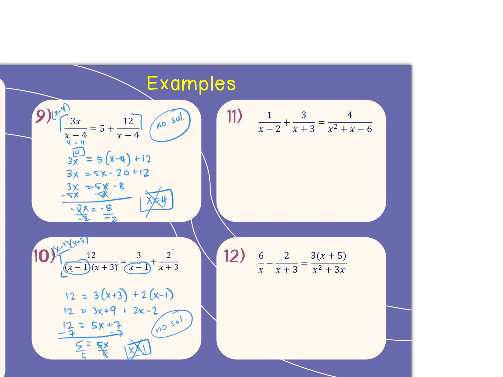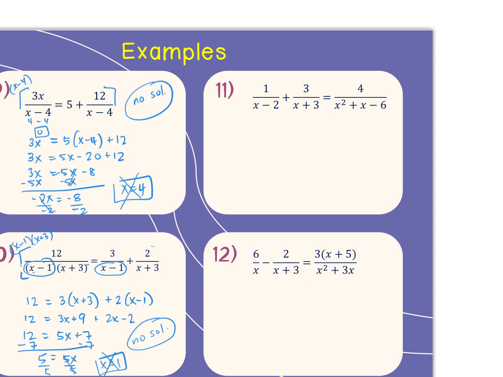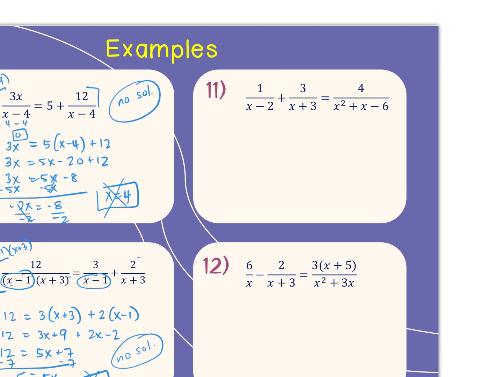So we go over here to number 11, and again, I'm going to start by factoring this trinomial, right? This is going to be an x plus 3 times an x minus 2. And so again, I'm going to multiply every term here by this LCD of x plus 3 and x minus 2.